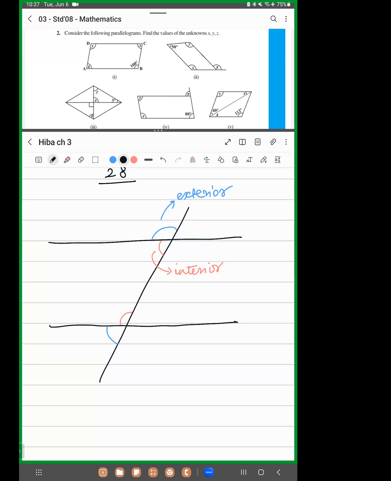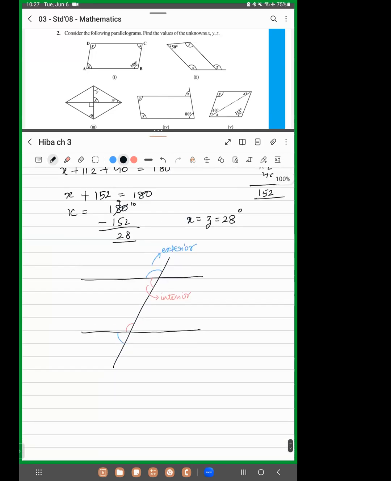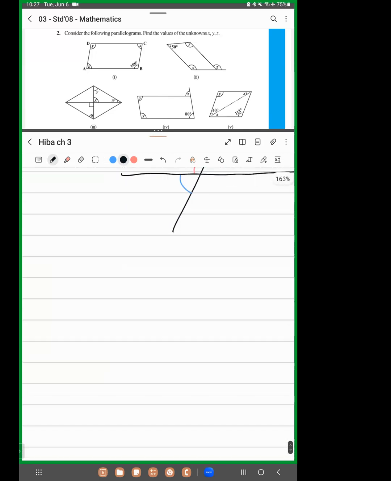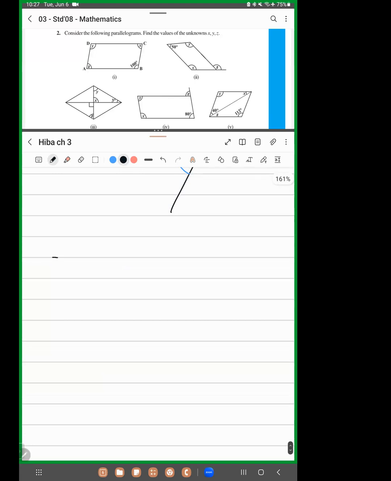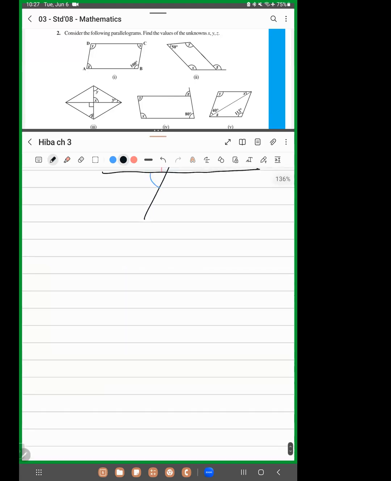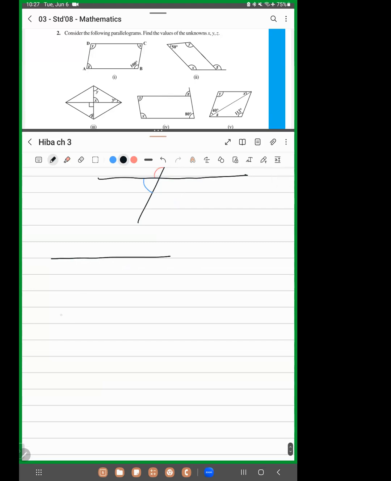Okay, on a parallelogram. All right. Okay, oh, I'm sorry.